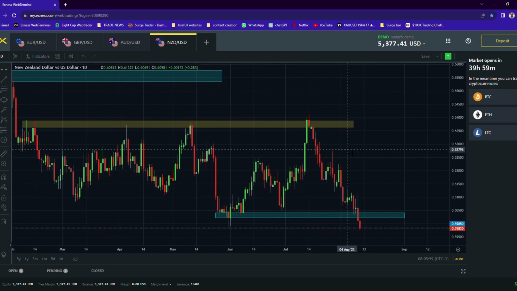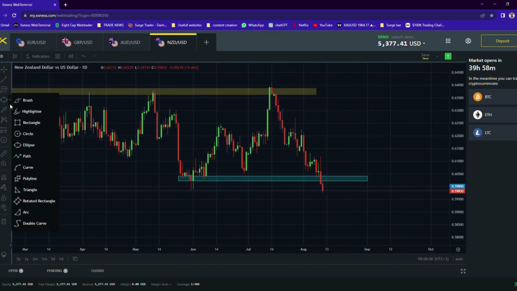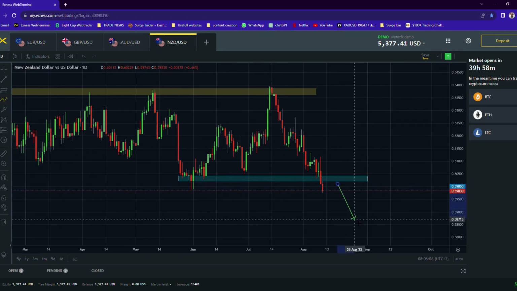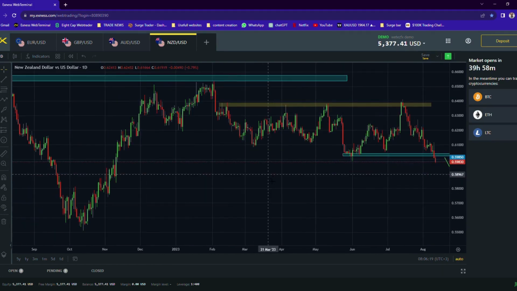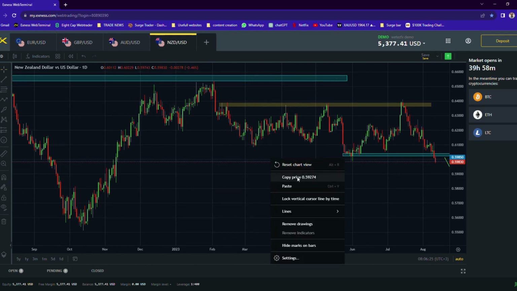And for New Zealand, we are just waiting for a market correction and go for the sell, because right here it is a clear indication that New Zealand USD is looking on the downward side. So for this, we are just waiting for a market correction or a retest, and we try to chase that move, we try to go with the trend to the downward side.